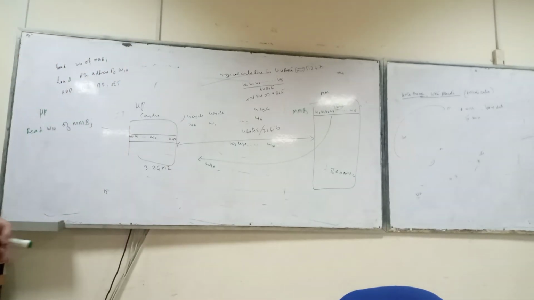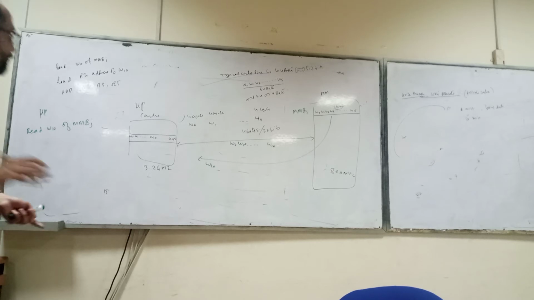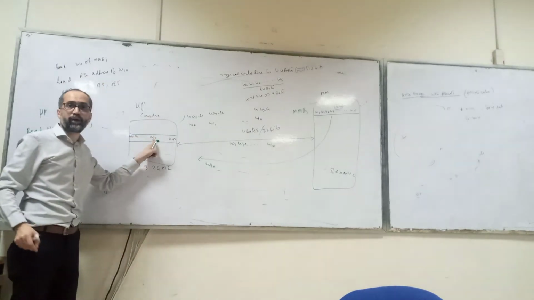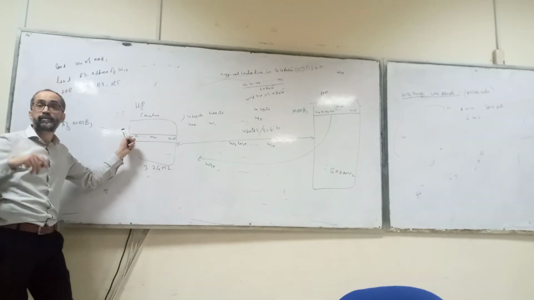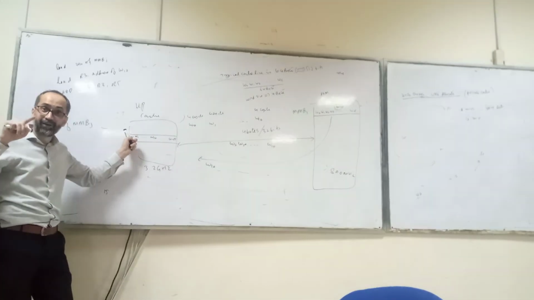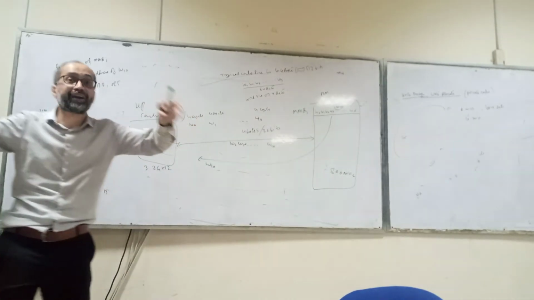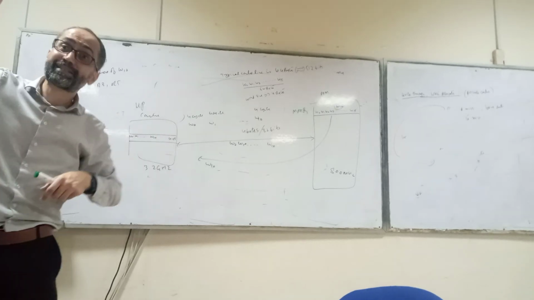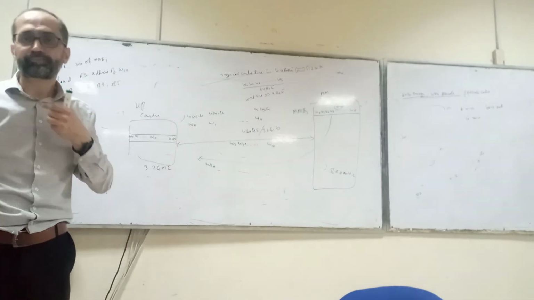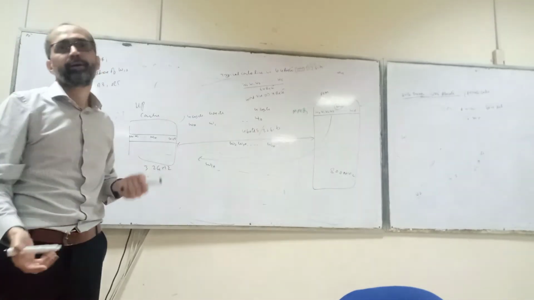Which locality is this? Spatial or temporal? Spatial. If you access word 10 now and then later on you access word 0, it's spatial locality because they are adjacent in space, not adjacent in time. And if you access the same item again and again, like a loop, it's temporal locality.